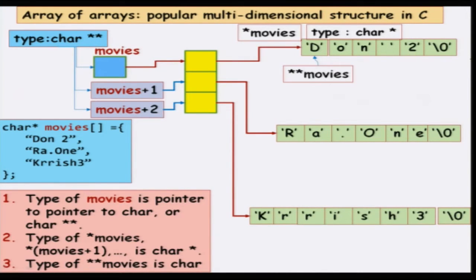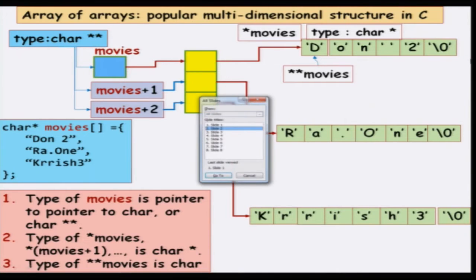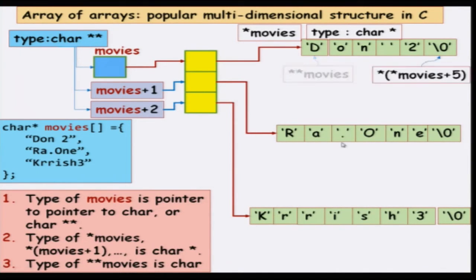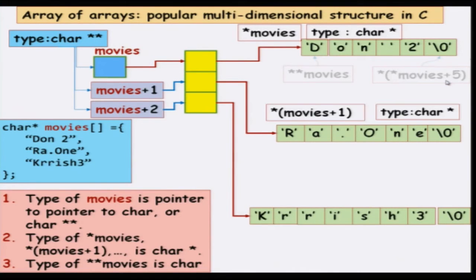But instead you could also write movies[0][0]. Similarly, in order to get to the last cell here, you could say star of star movies plus 5. It is the particular application of the general formula. The second row will be star of movies plus 1.